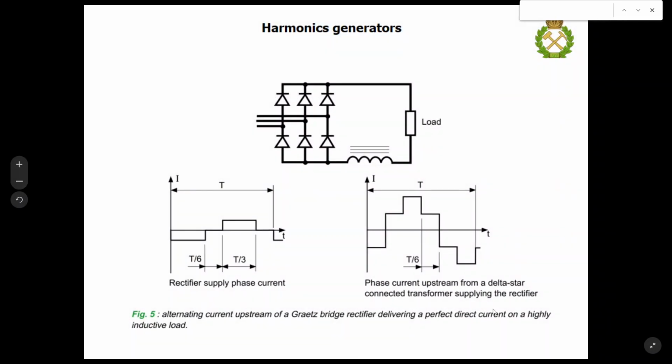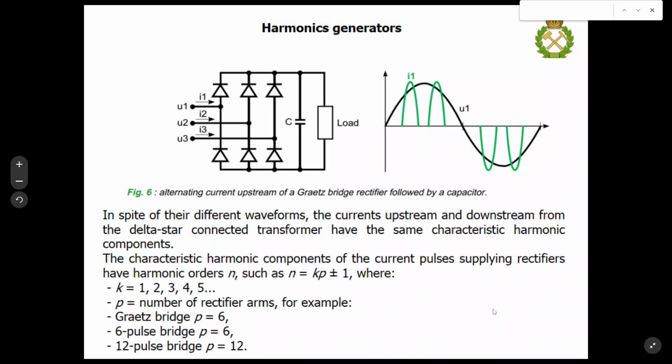Here you may see the 6-pulse topology of a rectifier, called a Graetz bridge in international literature. Here you may see the supply current and some phase current upstream from the delta-star connected transformer supplying this rectifier. And these rectifiers are the main reason for the harmonic presence.